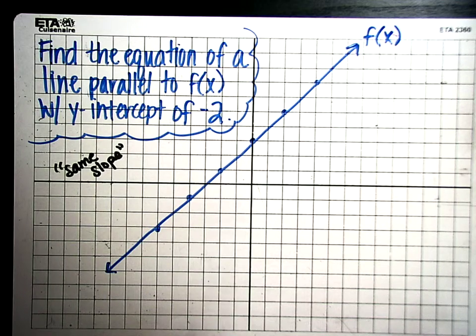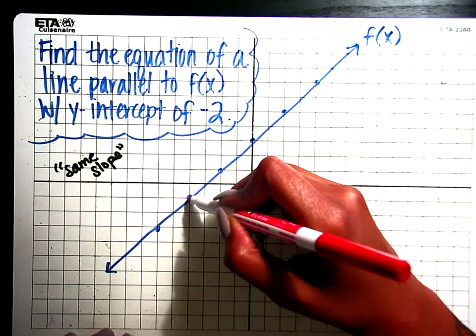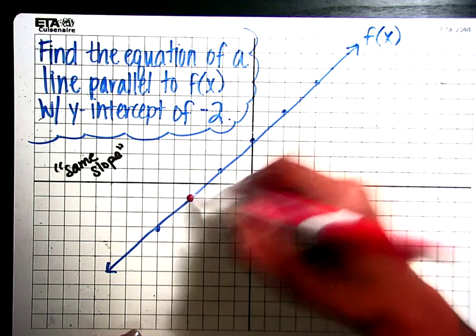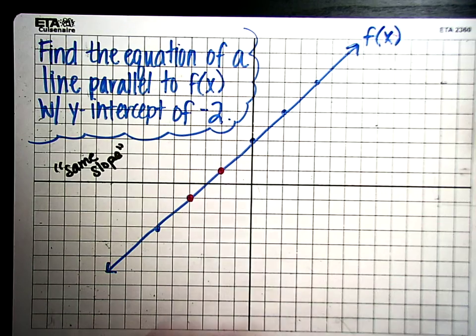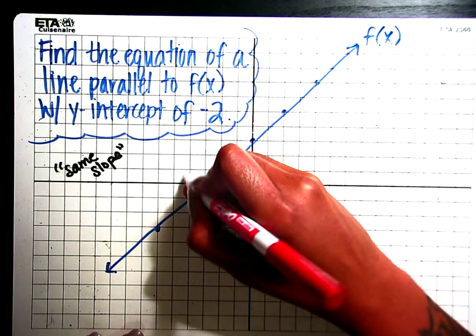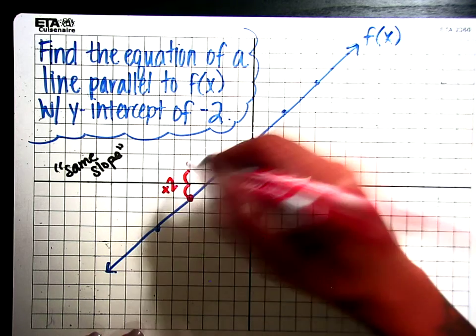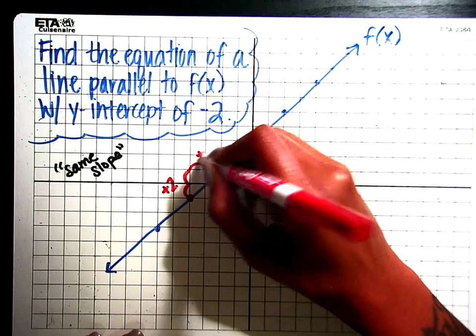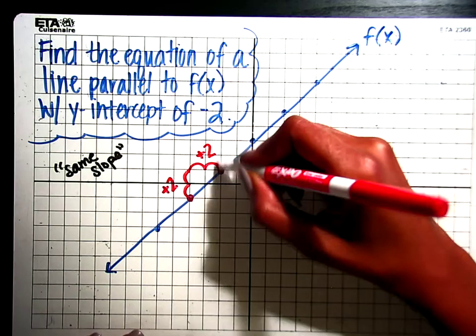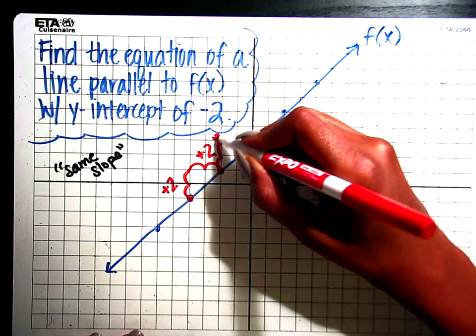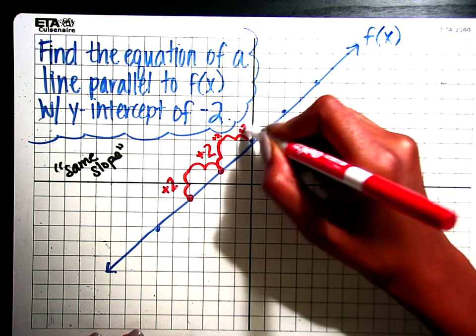But to figure out what my slope is, I'm going to start at a point, pick any point, and I'm going to see what my distance is or what it takes me to get to the next point. So here I have to go up 2, so plus 2, and then over 2, to the right 2. Same thing here, plus 2, to the right 2.